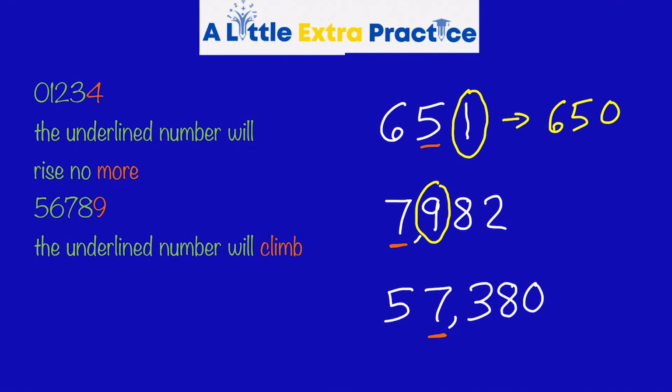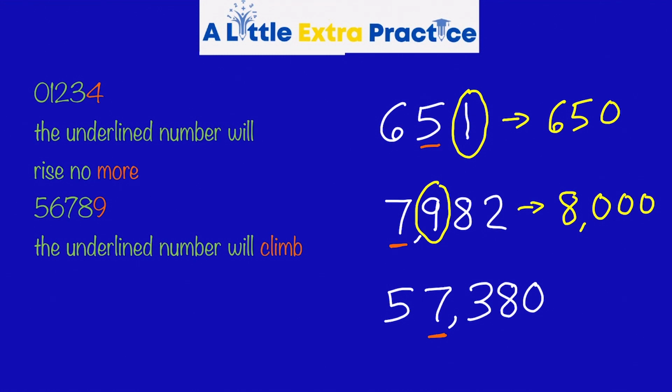So 9 is a very strong number. It's going to push that 7 up to an 8. We've already turned the 9 into a 0, and then every digit after that becomes a 0. So 7,982 rounds to 8,000.